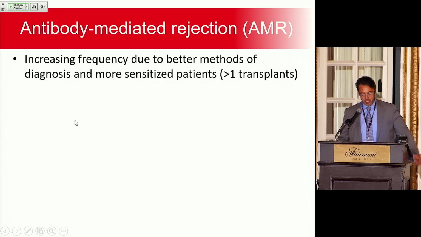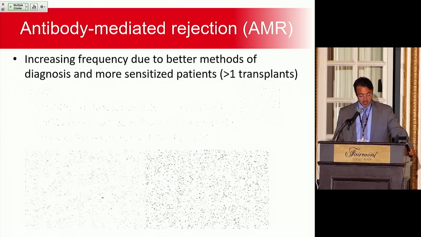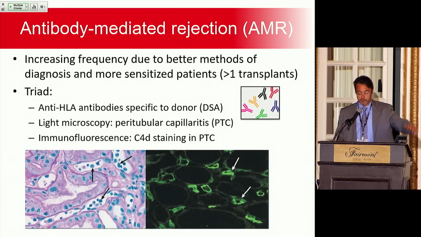Antibody-mediated rejection has had increasing frequency in the past few years, in part because we're diagnosing better with some of the assays available for anti-HLA testing, and also because we're transplanting higher risk patients that have lost their prior grafts and are being transplanted a second, a third, and a fourth time.